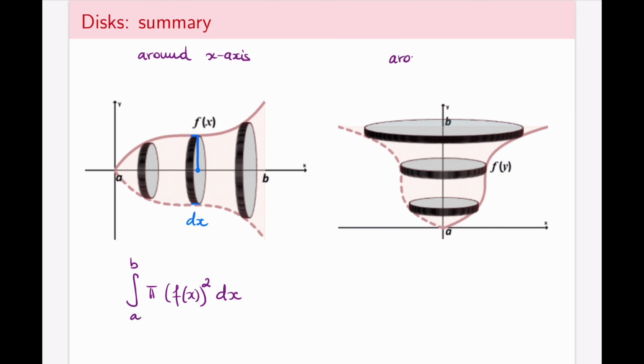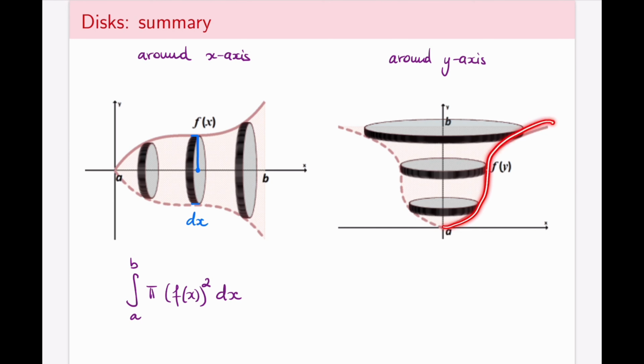When we rotate around the y-axis, it's going to be very similar, but now we're going to have to sort of flip our thinking to be along the vertical axis. Now, this was my function, f of y in this case, right?